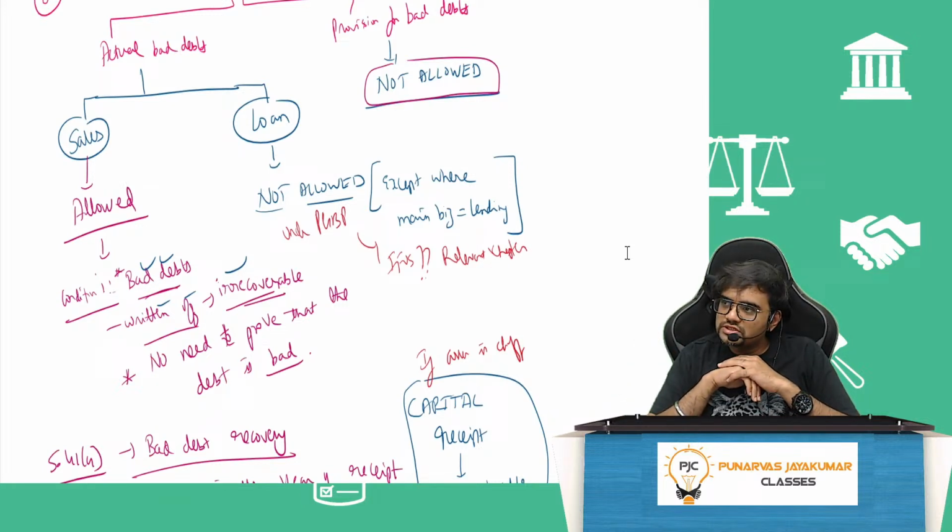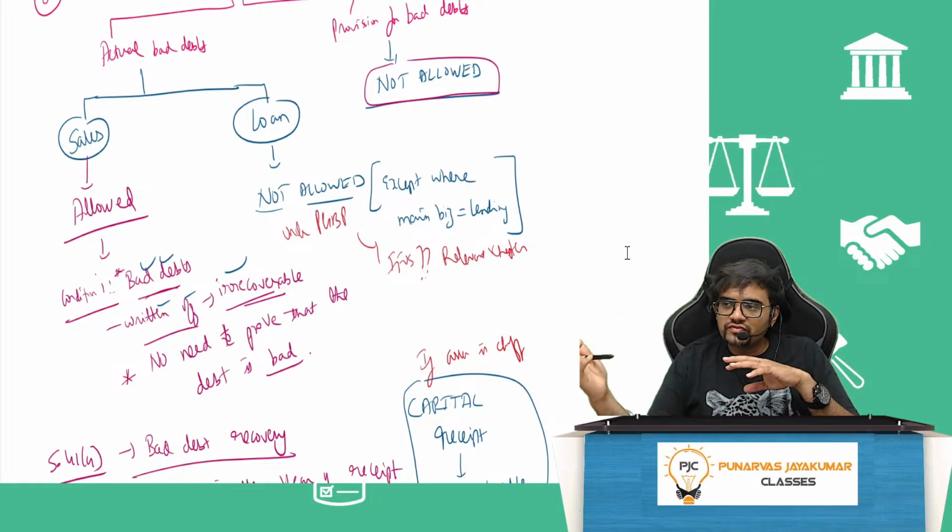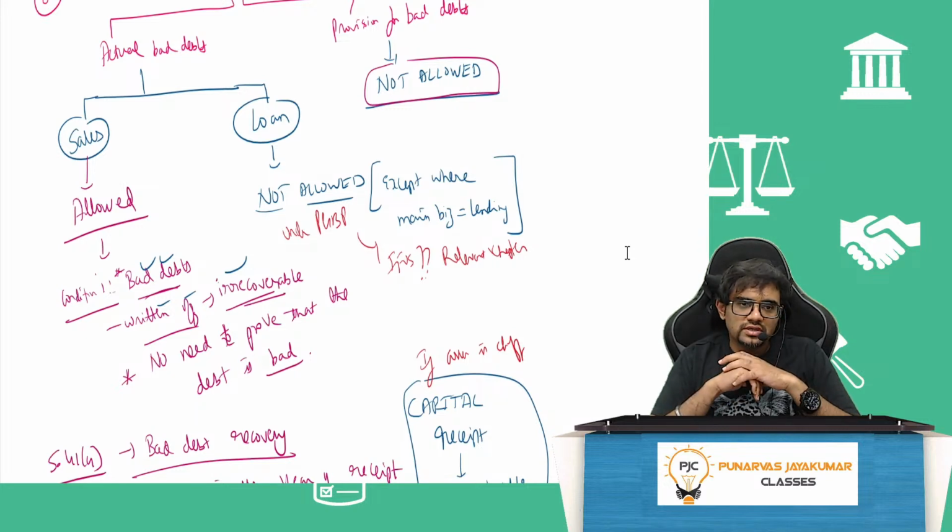Now question comes, I had made sales of 1 lakh rupees in which 20,000 had become bad debts. So I had made sales at recognized income of 1 lakh, then bad debts I put P&L account debit how much? 20,000. So basically I have paid tax on exactly how much? 80,000 rupees. Tomorrow you will come and pay me back that 20,000 rupees.